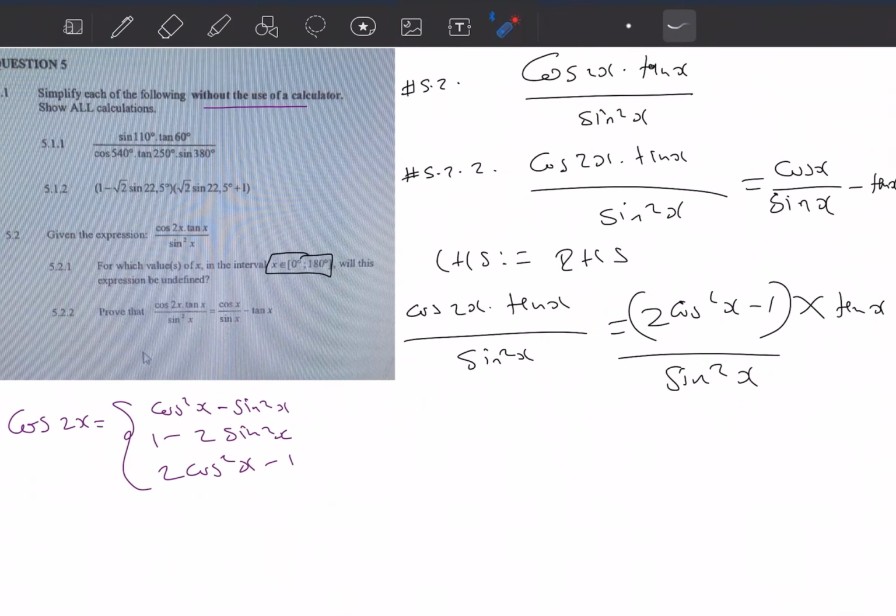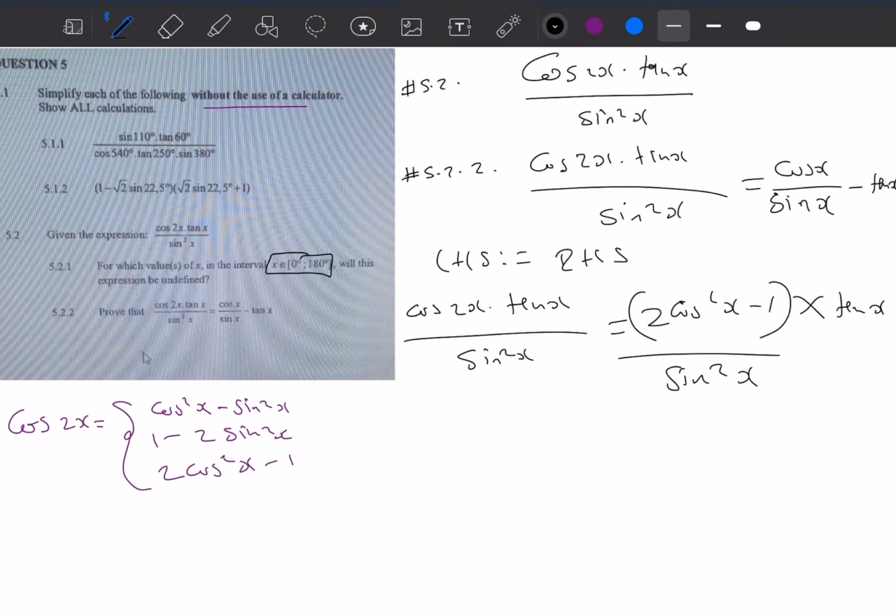The reason we pick cos squared x is because in our solution we have cos and sine, so it makes sense to pick the one with the cos. So we're going in the right direction, right?